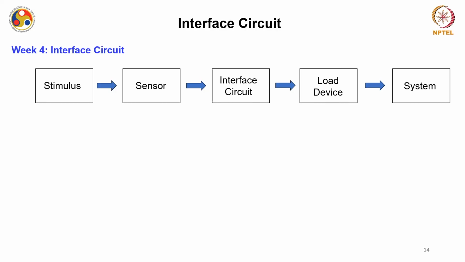The fourth module was on interface circuits. So the idea of interfacing circuits was to convert the output from the sensor to a signal which can be fed to a load device. Then it can be fed to a system so that the end user can interpret the data.